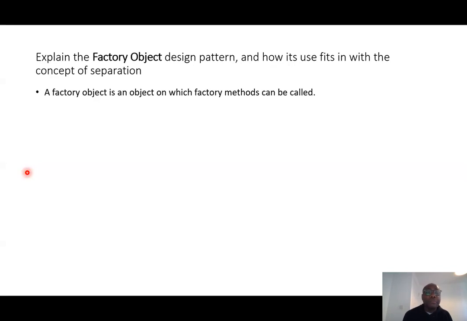It's the same thing. In the factory design pattern, it's about creating objects, but of course in this case, not objects like cars or bicycles, but creating software artifacts and objects. So a factory object is an object on which factory methods can be called.